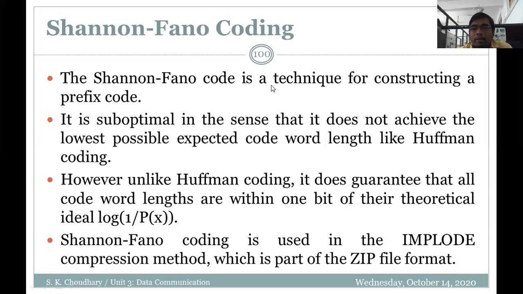We see the GIF file format in computers, where multiple files can be zipped to compress the size of the file. So at that moment, this Shannon-Fano coding could be used for encoding and decoding of that compressed file.